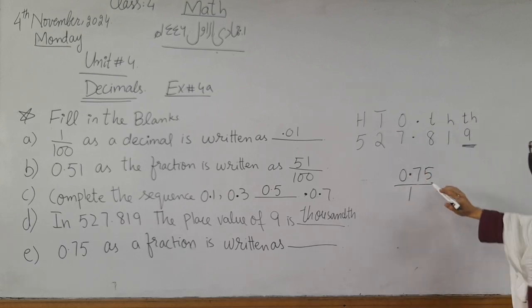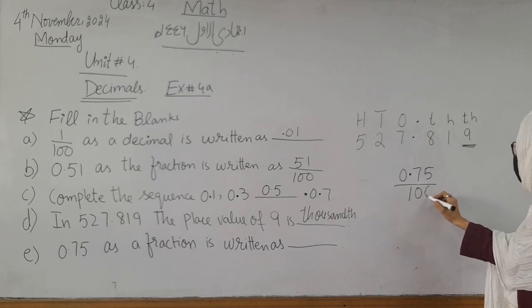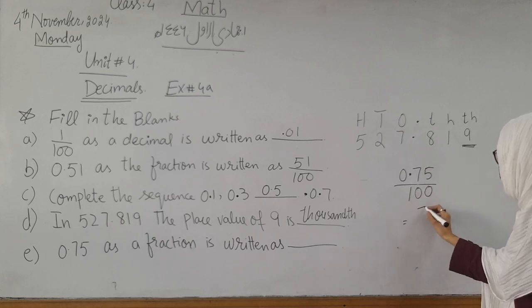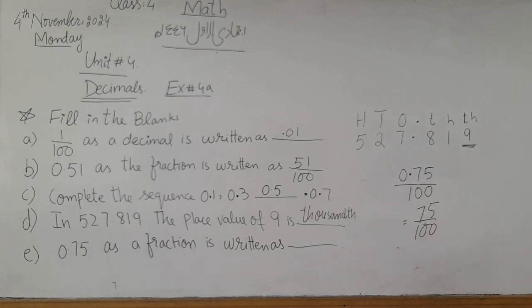And how many values after point? 2. There are 2 values after point, so you will add 2 zeros. So 75 by 100 is the fraction form. When you convert 0.75 into the fraction form, you will give 75 by 100. So this is your filling the blanks.